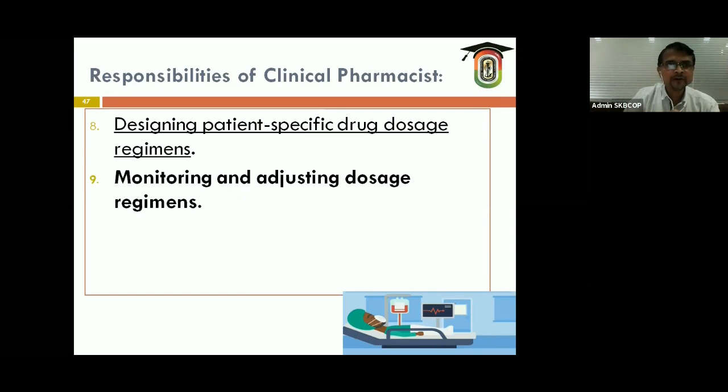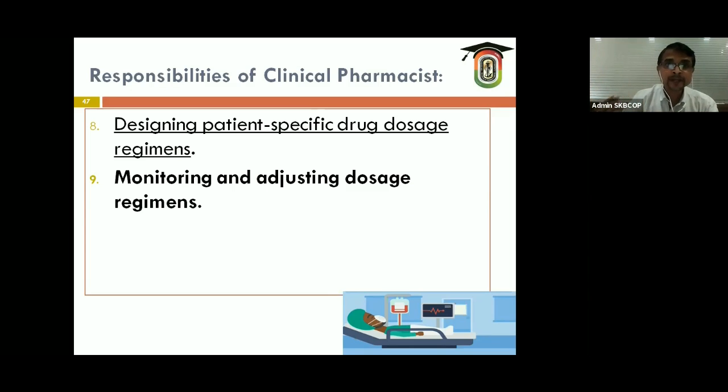of clinical pharmacist. Then not only designing and developing the drug dosage regime but also monitoring and adjusting it according to the need. ठीक है, so ये दोनों फंक्शन बनते हैं. एक है कि डिजाइन करना है, क्या हमको पता करना है कि उस पर्टिकुलर पेशेंट के लिए क्या डोसेज रेजिम रहेगा, कैसा डोसेज फॉर्म रहेगा और कौन से टाइम पर कौन सी दवाई दी जाएगी.